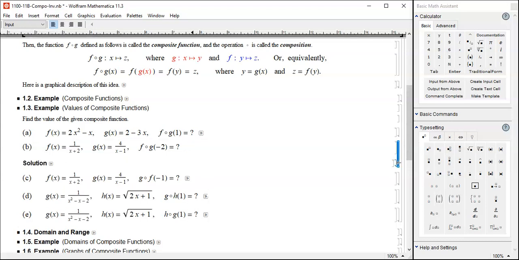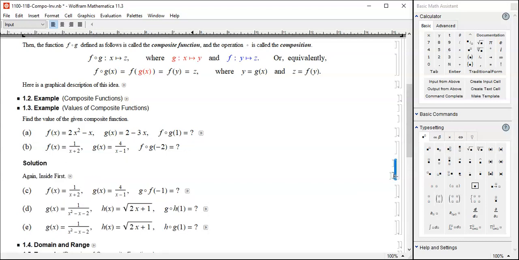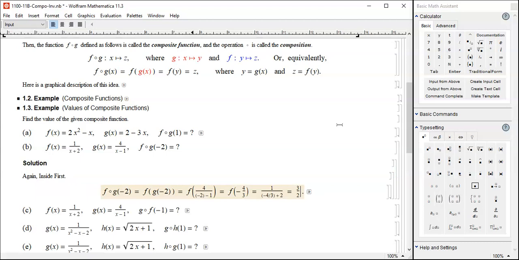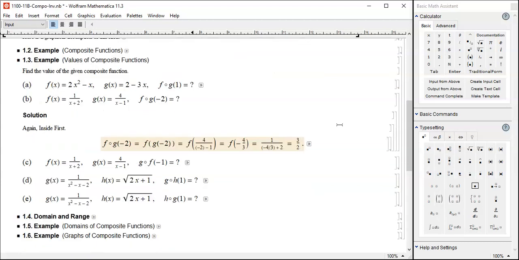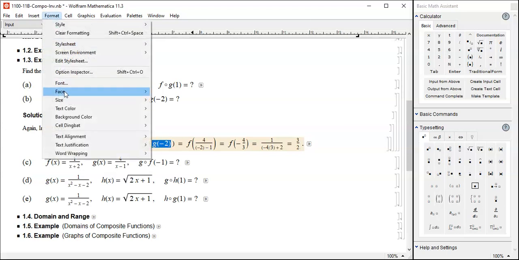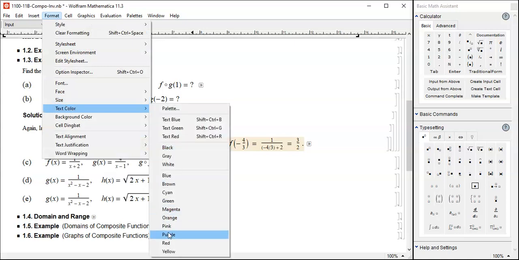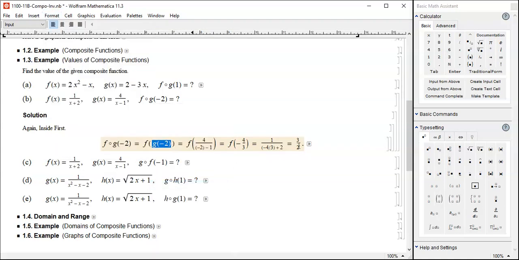Everybody tried? Here's the next problem. The usual inside first. F composition g of -2, that is f of g of -2. Let me use different color this time, brown, okay. And what is g of -2?